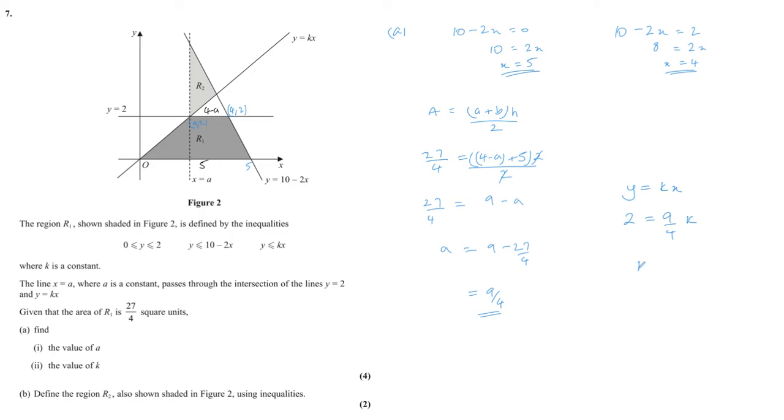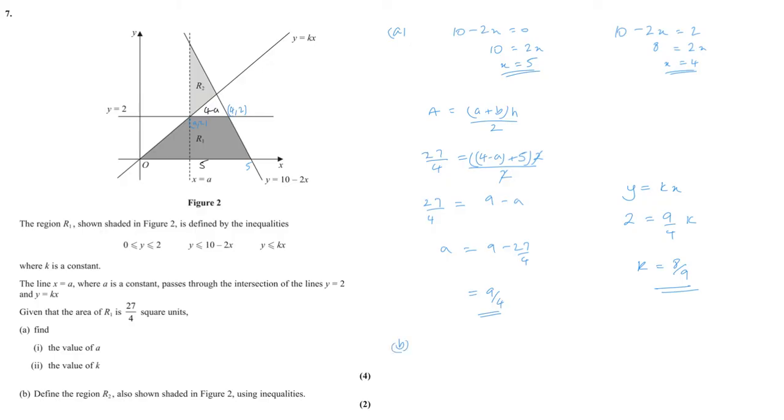So k is going to be 8 over 9. So that's how I approach part A. I think that's the most logical. There might be a few other ways. Let me know if you have another way. But that's how I approached part A, and that will give me the full 4 marks there.